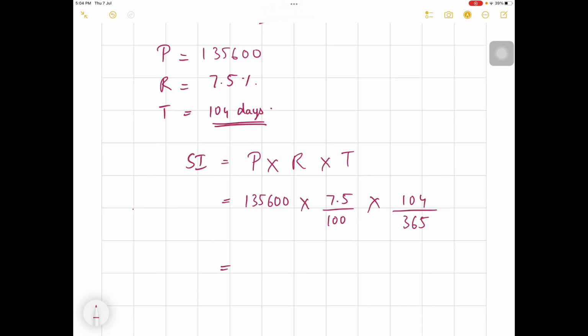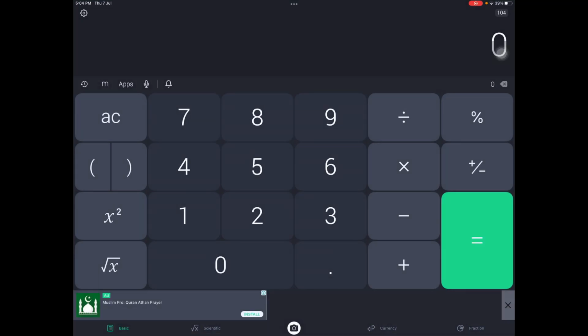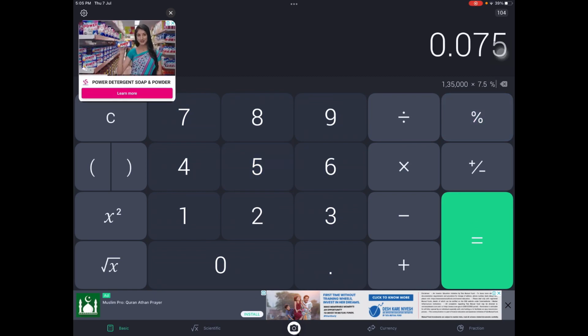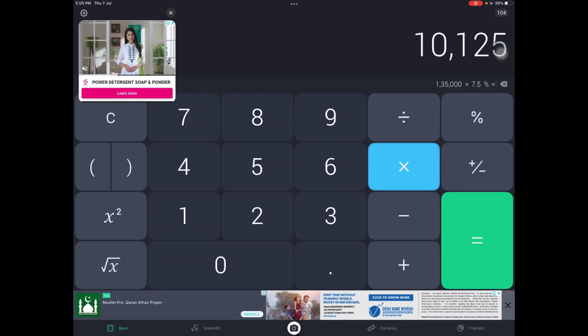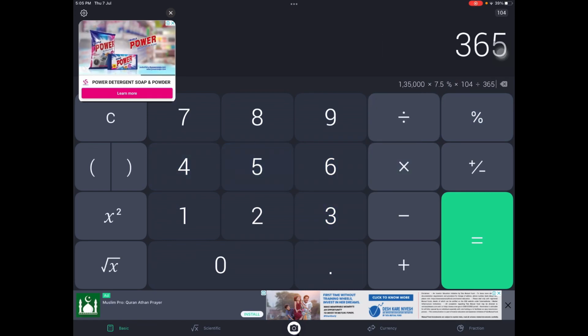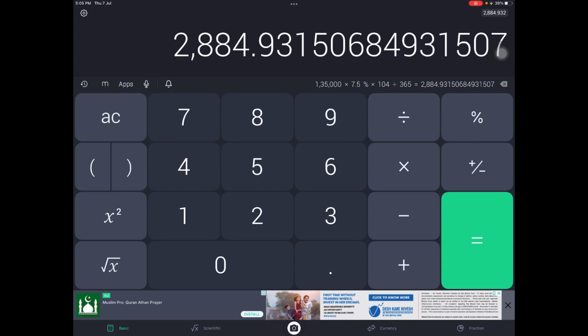So let's calculate. 1,35,000 into 7.5% into 104 divided by 365. It comes to, we can keep two decimals, 2884.93.